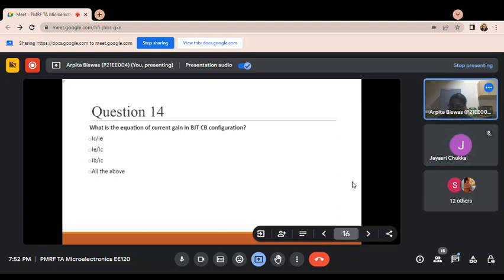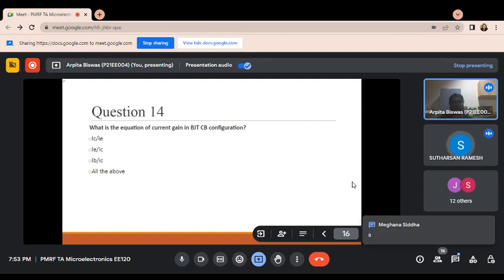Meghna, please unmute yourself. Sojourn, what is the right answer? Sudarshan, please unmute yourself. Ma'am, option A. Okay. Can you explain it? I think some of them are explained very well. So if you heard it, you can explain.